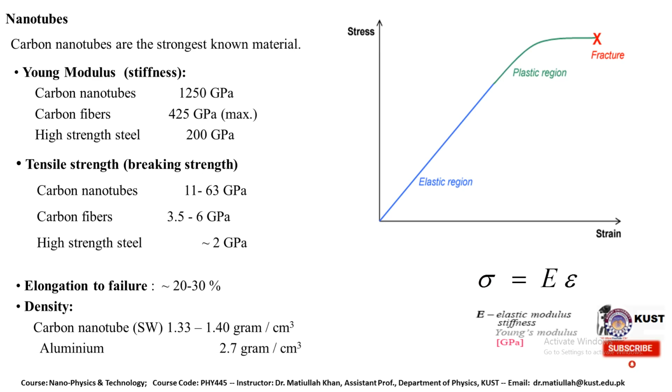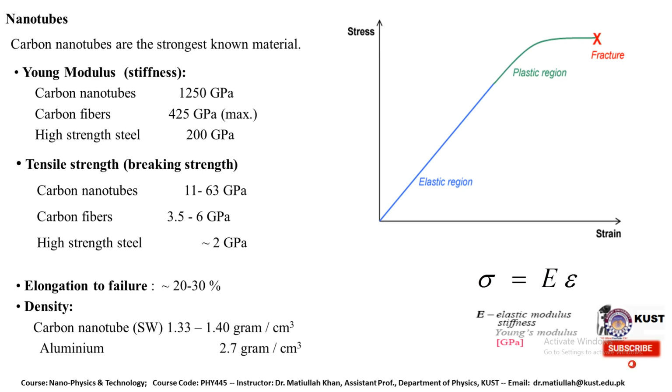For carbon fibers, the Young modulus is 425 GPa, and for steel, which we consider a hard material and use in daily life, its Young modulus is around 200 GPa. So the Young modulus of carbon nanotubes is 3 to 4 fold greater than that of steel, and carbon fibers are also much greater compared to high strength steel.